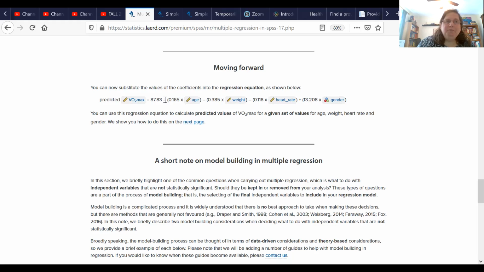Now, if you like pluses instead, you could do plus the negative 0.165 times age, plus the negative 0.385 times weight, plus the negative 0.118 times heart rate. Would do the same thing for you.